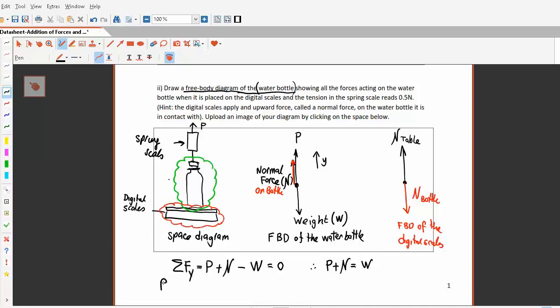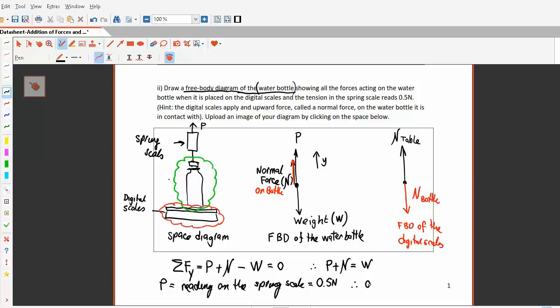So P is the reading on the spring scale. So in my case, well, in all our cases, that should equal 0.5 newtons.